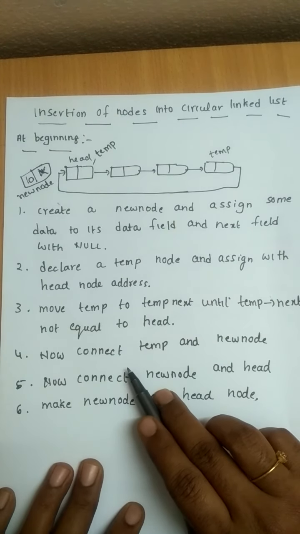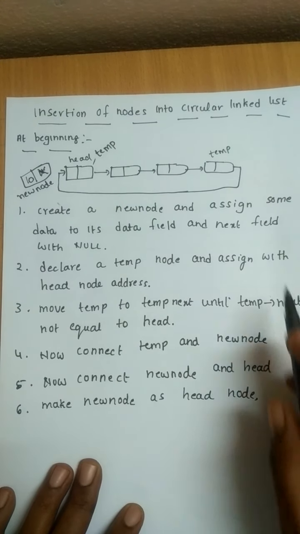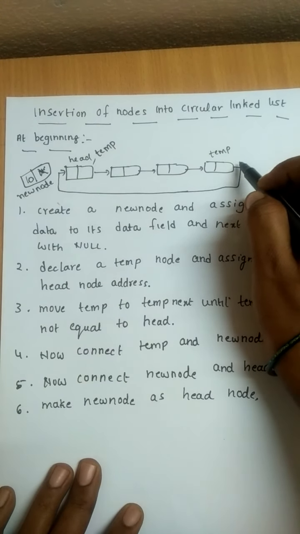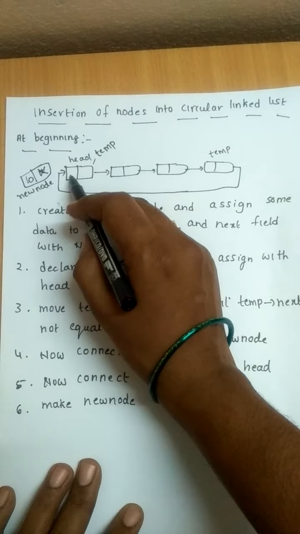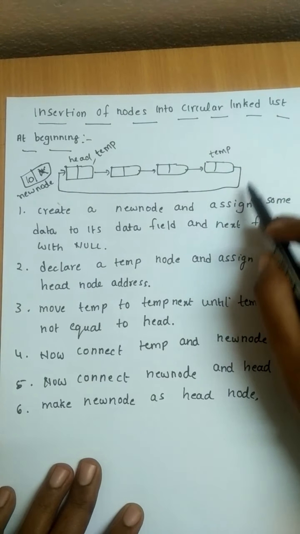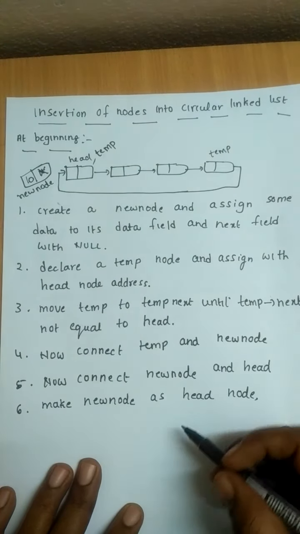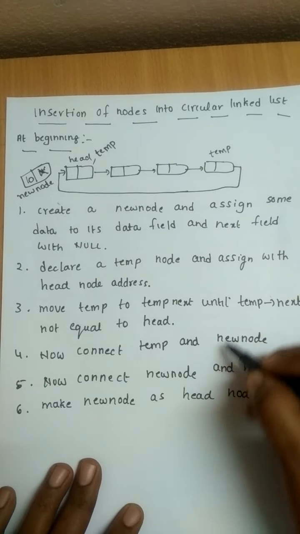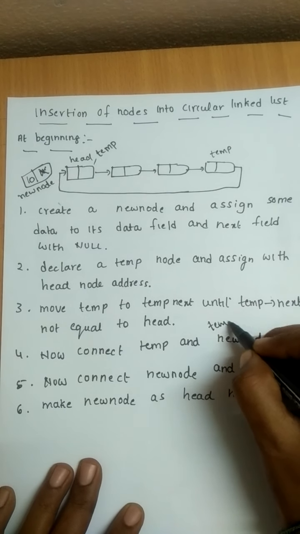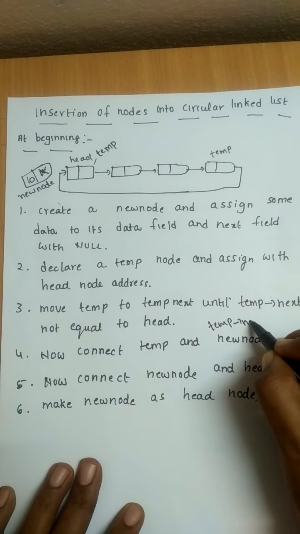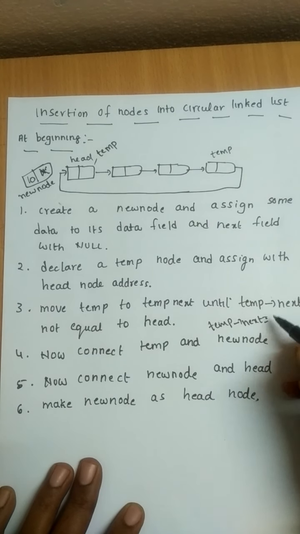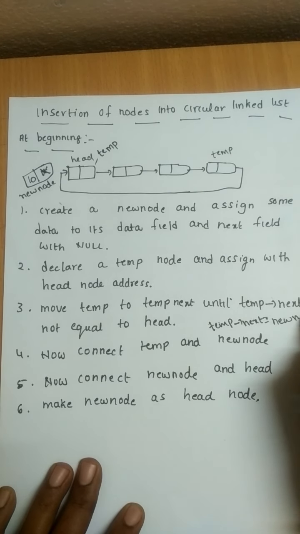Next, fourth step, now connect temp and the new node. Previously this temp is connected to the head node. Now connect temp and the new node. That means temp of next equal to new node.